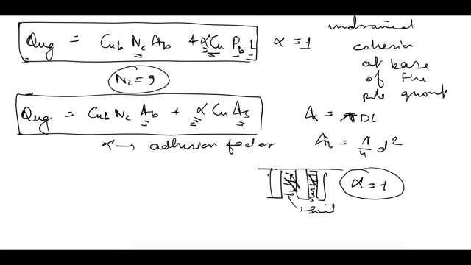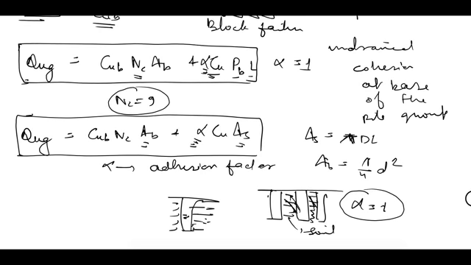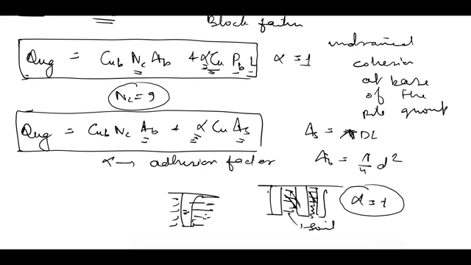Whereas in case of single pile, we talk about the interaction between a pile and the soil which is there surrounding this pile. So that is the difference between the alpha in a pile group and in an individual pile.